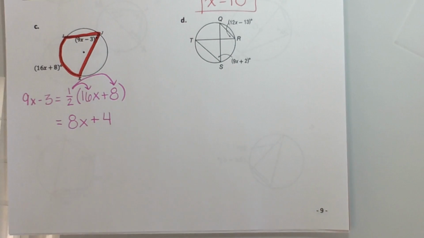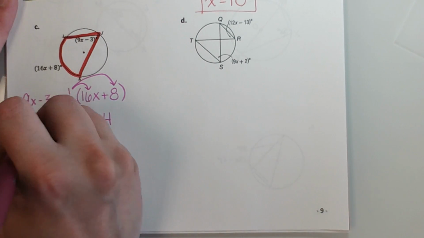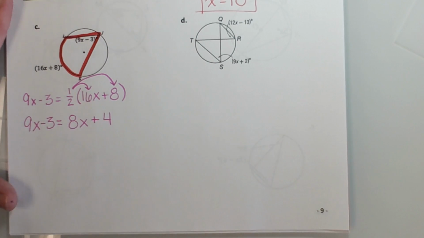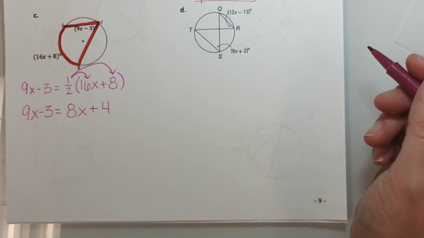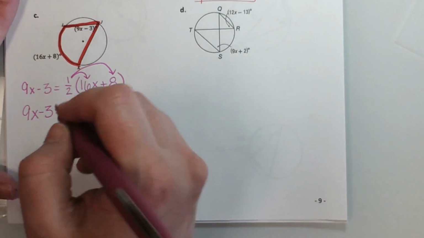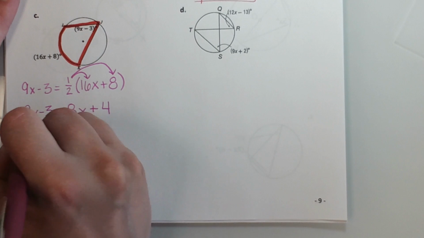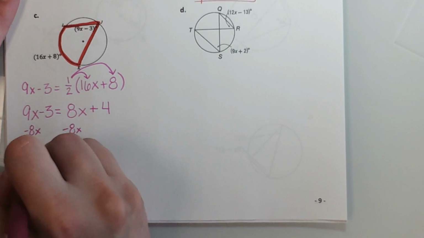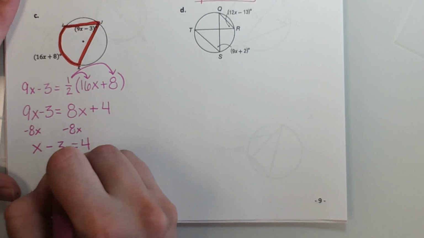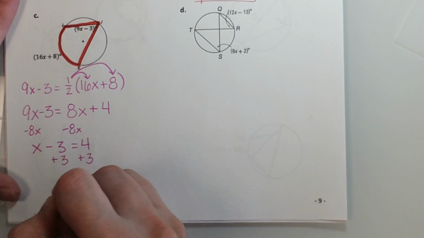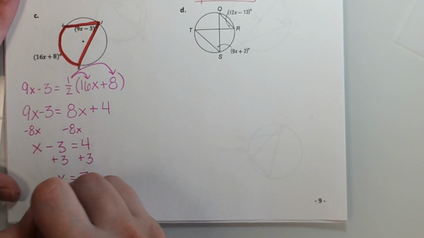Keep an eye on positives and negatives. This one happens to be a plus, sometimes it could be a minus. Keep an eye on that when you distribute. Then we're solving. I would move x's together first. Saves some headaches sometimes. X minus 3 is equal to a positive 4. Add 3 and x is 7.